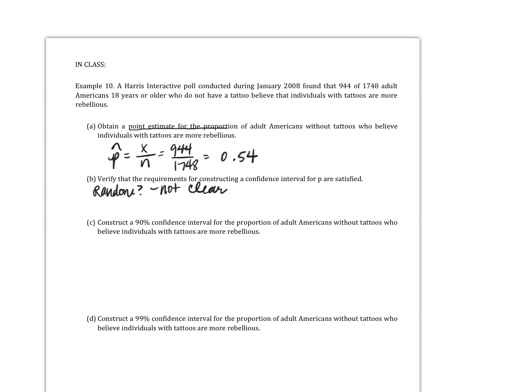And it may not be able to apply to the real population. What's the other condition? Normal. How do I check to know if this sample is normal? It's proportions. Large counts. Yes, large counts. So let's do that. So 1748 times 0.54, which is what we had, was 944, definitely greater than 5.